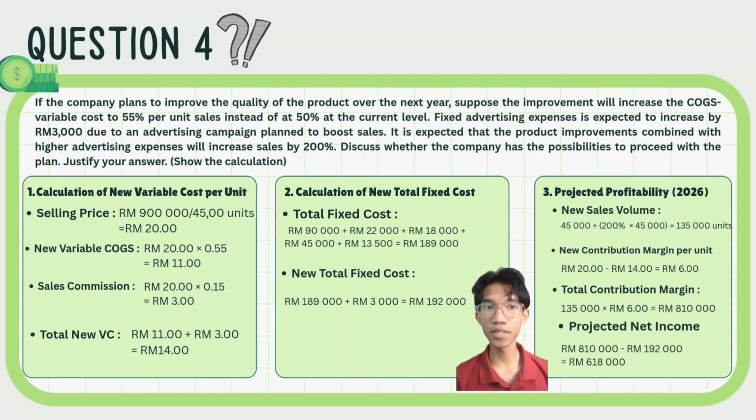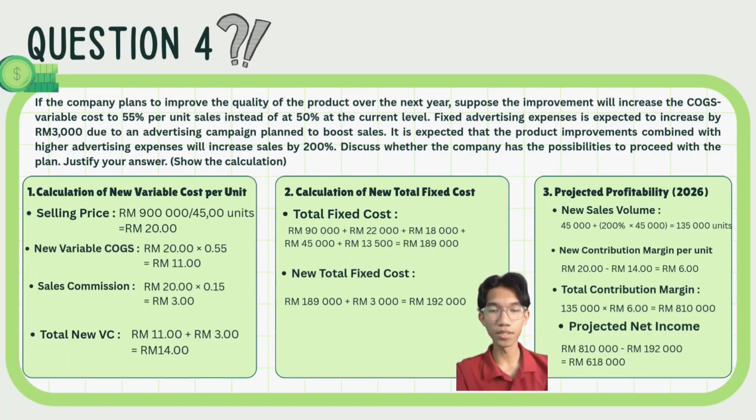Our new variable COGS is 20 ringgit multiplied by 55%, equals 11 ringgit. And sales commission is 20 ringgit multiplied by 15%, equals 3 ringgit. And our total new variable cost is 11 ringgit plus 3 ringgit, equals 14 ringgit.